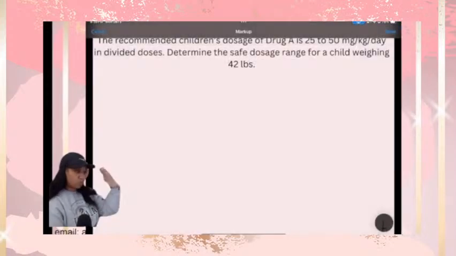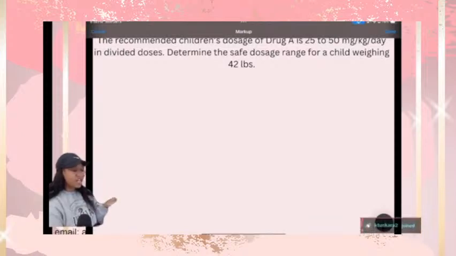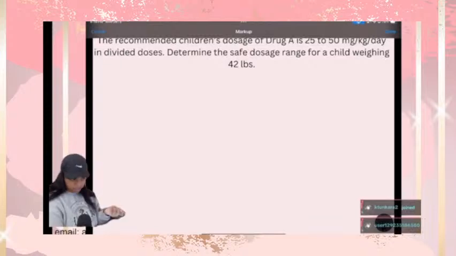If you converted your weight and multiplied it by your micrograms, but didn't multiply that by 60 to get the amount for the whole hour, or you left it in micrograms and didn't convert to milligrams, then your problem is totally jacked.